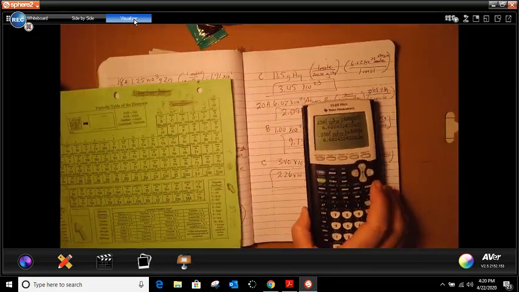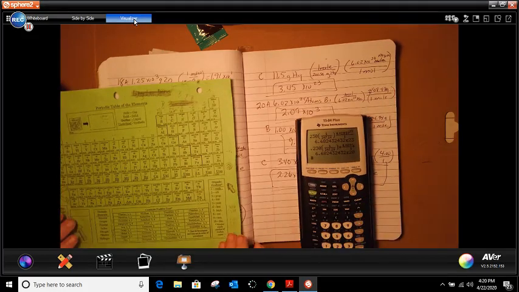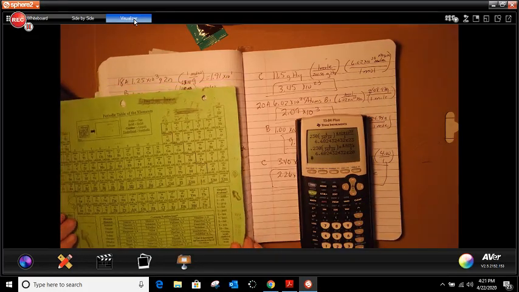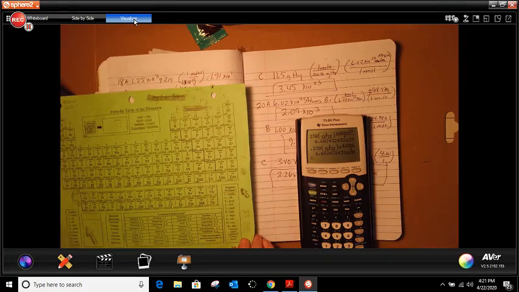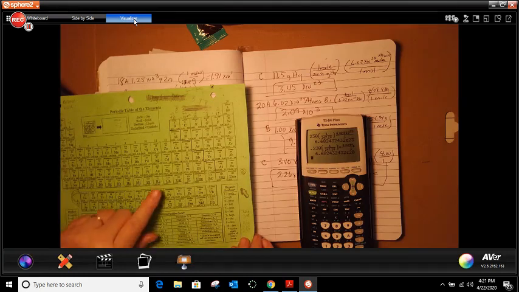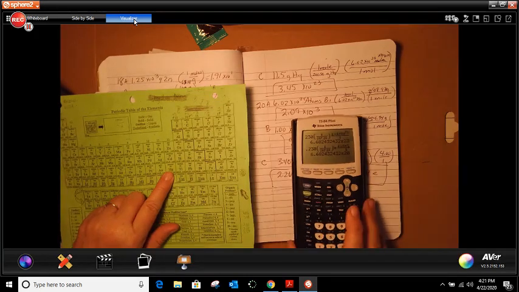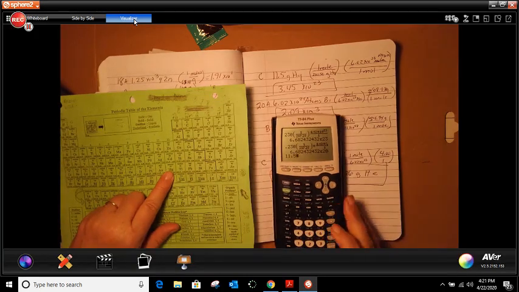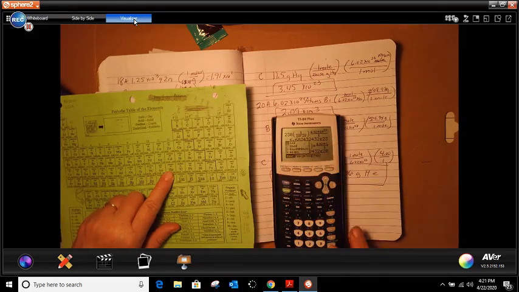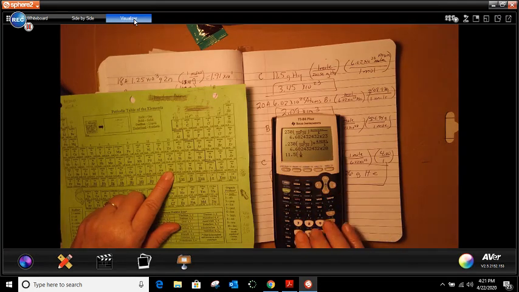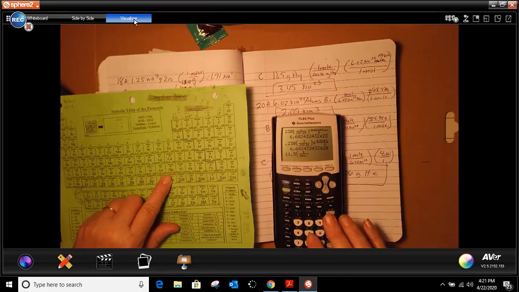Yay. So then we have C here. C has to do with HG. And so what we're going to do with that one, let's see if we can find that one. HG is right here. So we're going to do 11.5, and then we're going to do open bracket, alpha y, enter. That's 1 over 259.